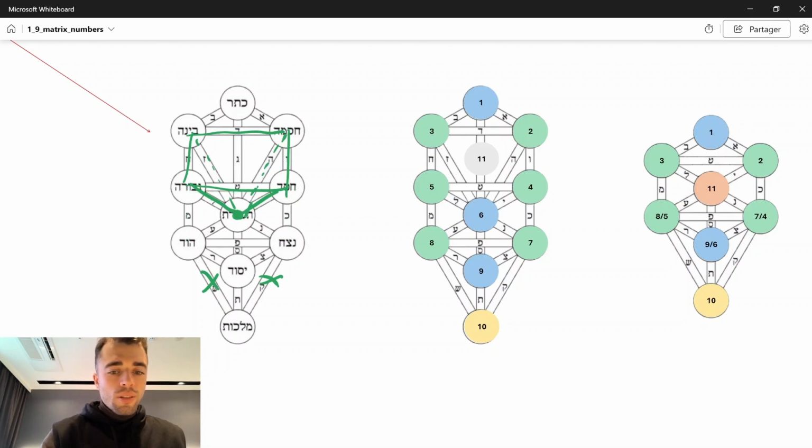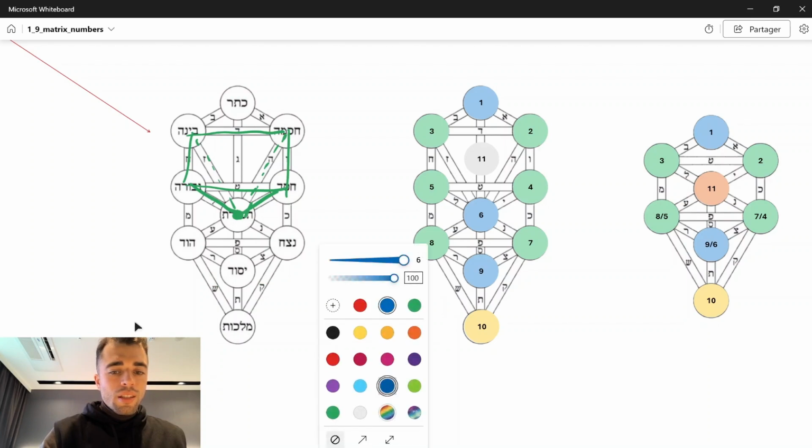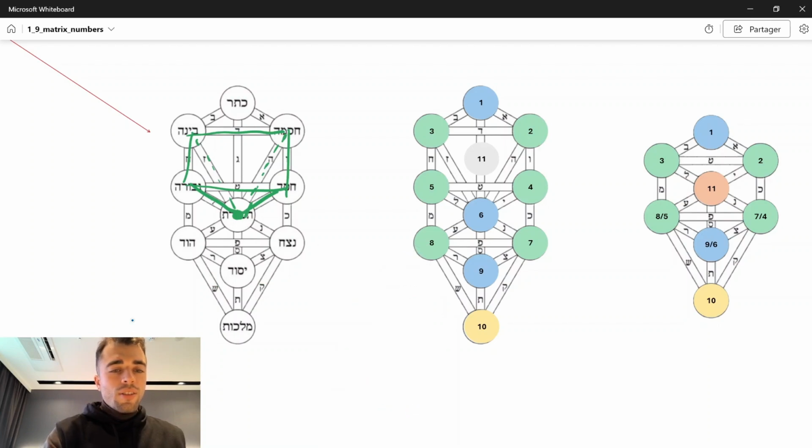Actually, I didn't even see that on the internet. I found it myself. But you can have a second reverse pyramid here that is collapsing with the first one. Okay, like that. And this is the same. But then those two lines don't exist once again.